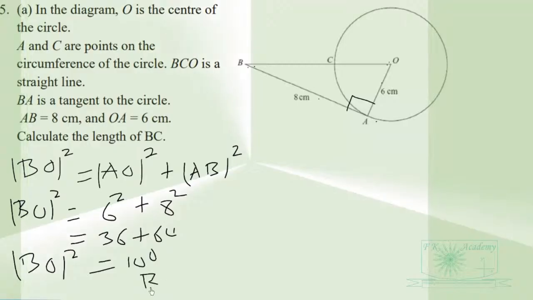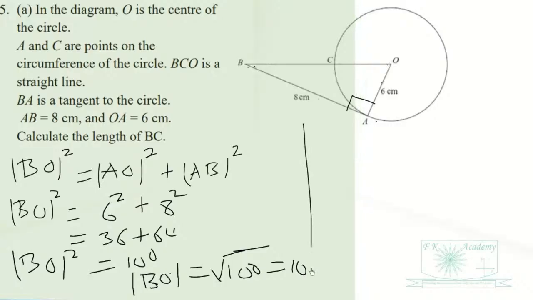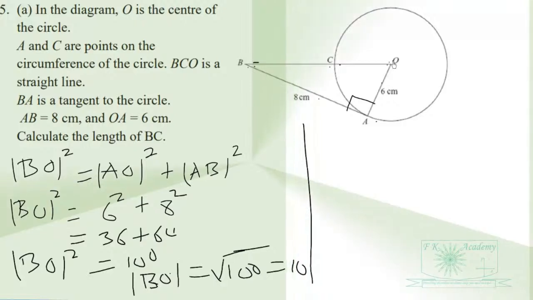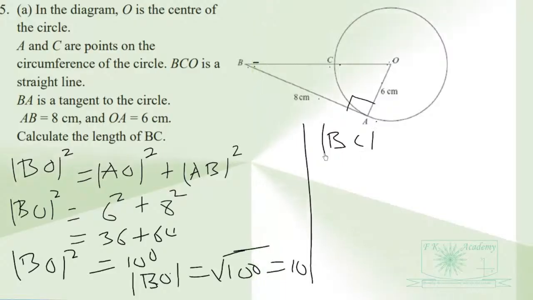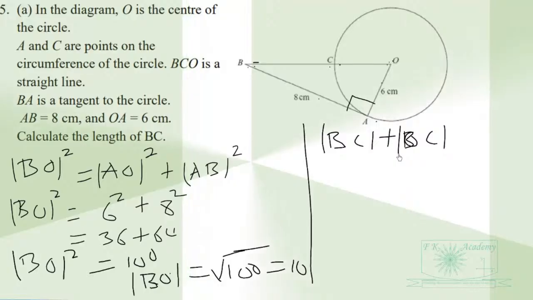So BO will be equal to square root of 100, which is 10 centimeters. Then we know that BO is made up of BC and CO. So we have BC plus OC being equal to BO.